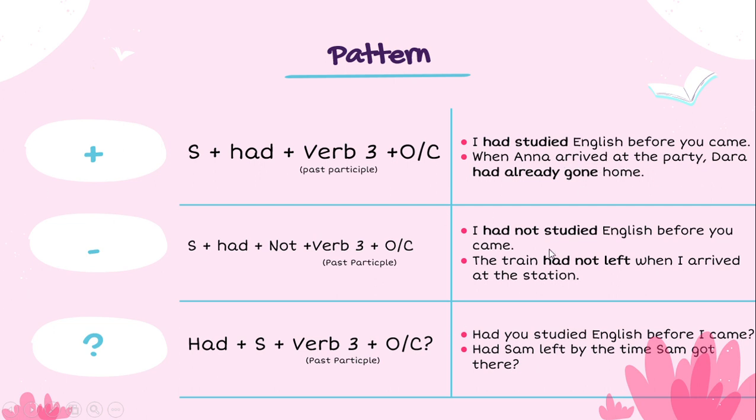And for the negative sentence, I had not studied English before you came. So I had not studied English happened before you came. Another example, the train had not left when I arrived at the station. So the first activity, the train had not left, followed by I arrived at the station.